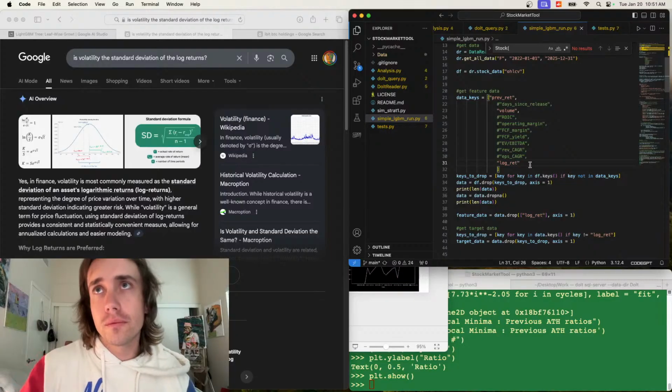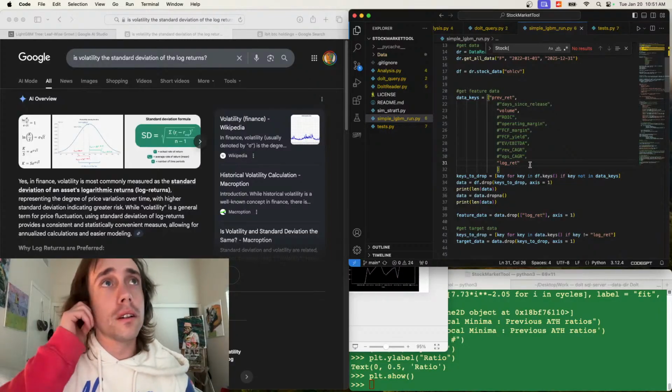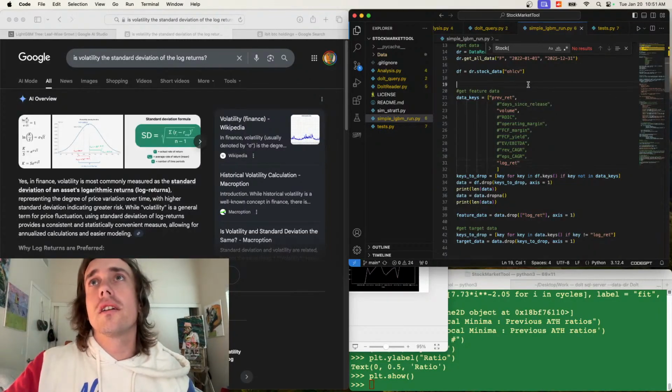Volume. Let's add. Okay, so data, stock data. So we want to add stock data.